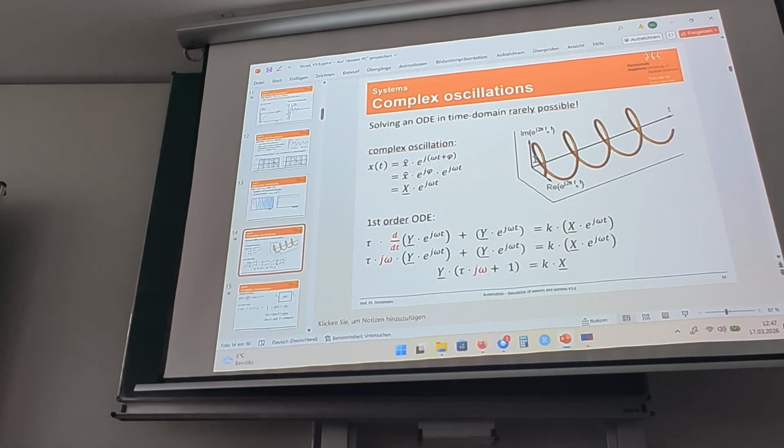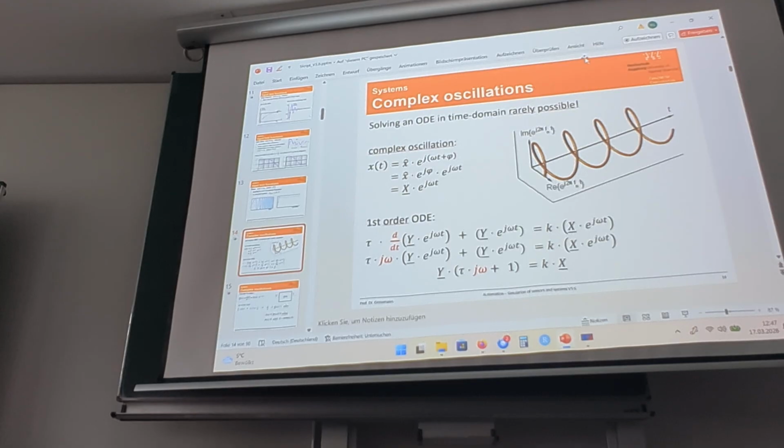Okay, these results are not by chance. We can also get them by calculation, but then we have to switch into complex calculations. Now, question: who knows about complex numbers? Okay, a lot? Not all. You will need complex numbers.